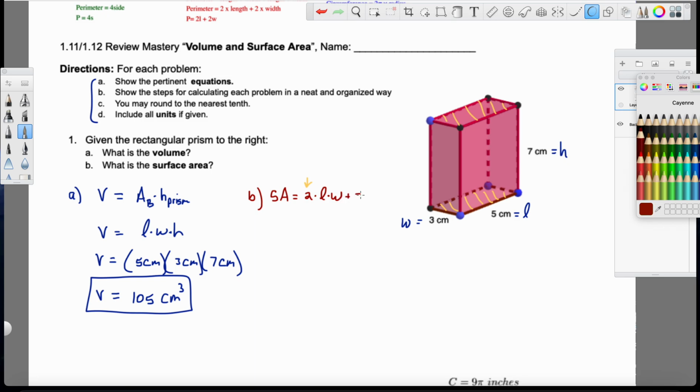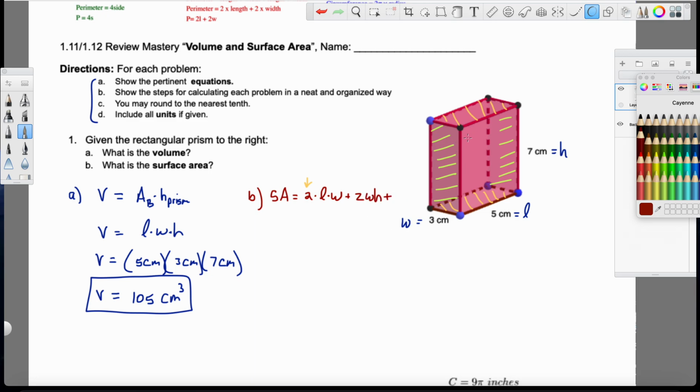plus I have 2 width times heights. If I look at this face right here, this is a width and a height dimension, same as this back side. So I've got 2 of those. So let's write width times height.